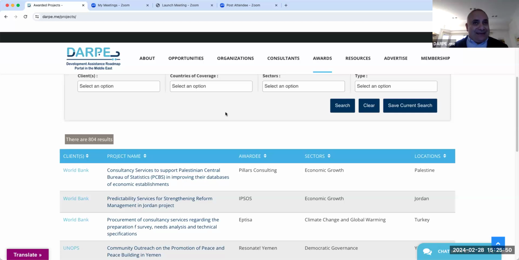So from these procurement notices that we are gathering, we have been able to come up with certain numbers and certain graphs to shed light on where the money is mostly expended or delivered in the MENA region, where donor agencies, the Western world, the northern part of the globe, major international organizations, bilateral, multilateral funding agencies, where their interests mostly lie in the MENA region, what their focus areas are, where their money is being spent.